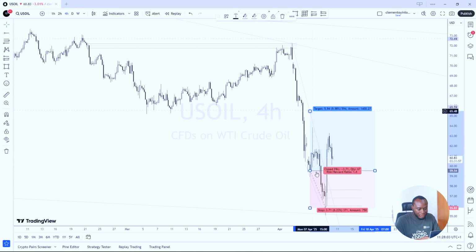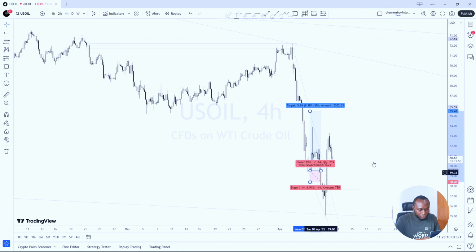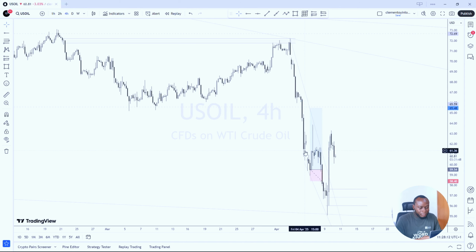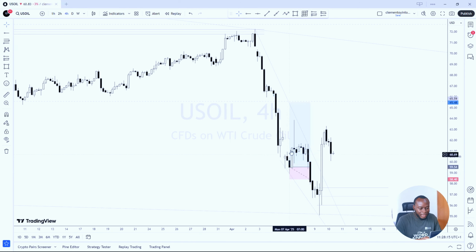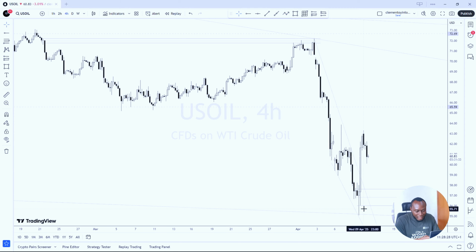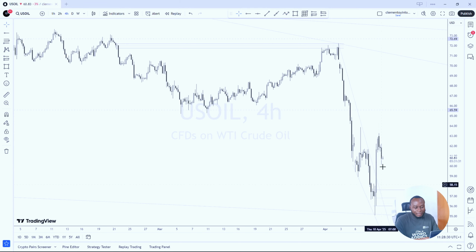So this was my analysis. The price went high this much and came back down. So I closed it eventually around this level for a very, very small profit. And then price eventually came further down, and eventually it's bought.